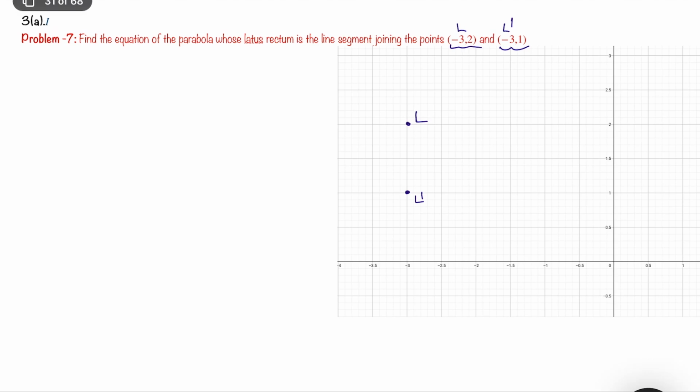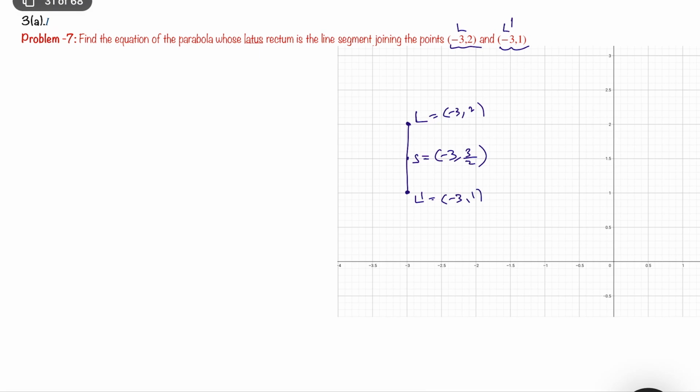So this is the latus rectum. And we know that the midpoint of this latus rectum L L dash is going to be the focus. So focus is obviously minus 3, 3 by 2.